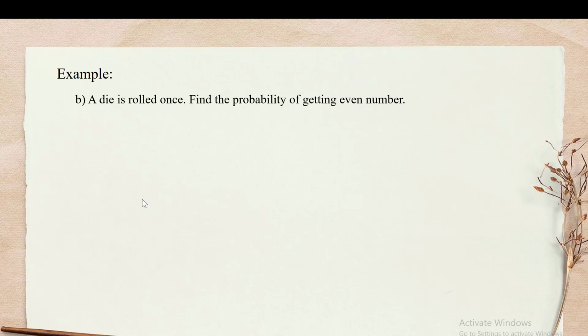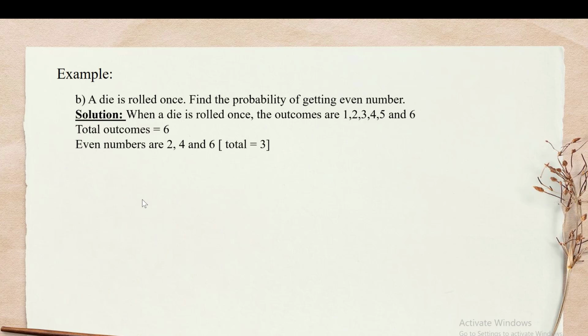Example B. A die is rolled once. Find the probability of getting an even number. Solution: when a die is rolled once, the outcomes are 1, 2, 3, 4, 5 and 6. Total outcomes equal 6. Even numbers are 2, 4 and 6, total equal 3.